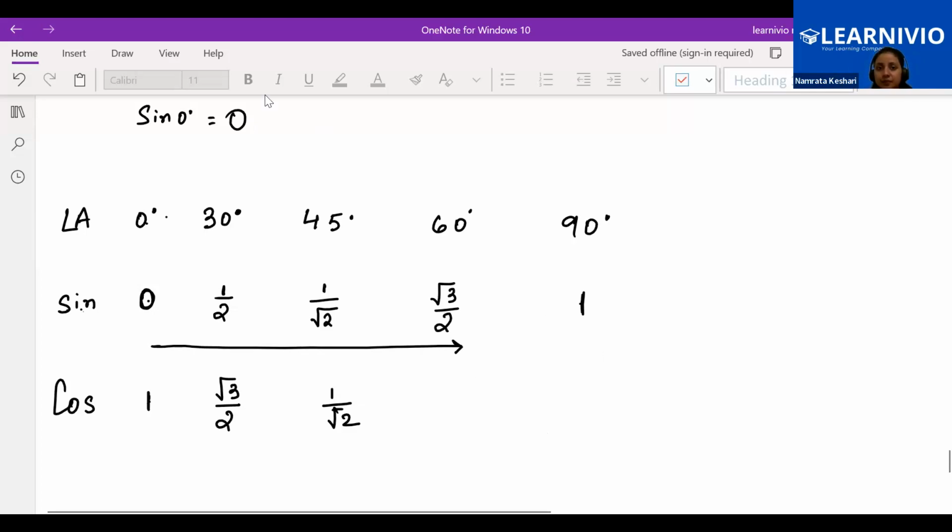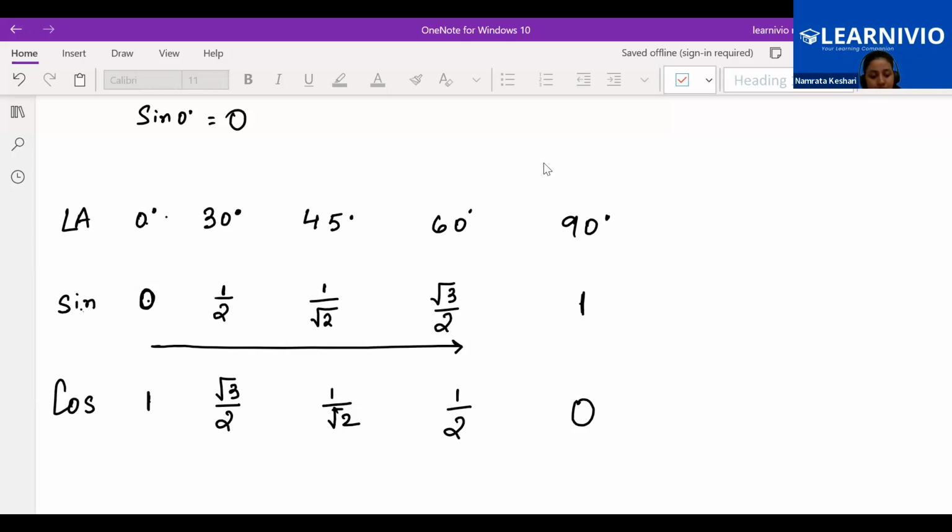Exactly, it will be 1 by 2. And cos 90 degrees is 0. If you learn sine properly, then reverse it. I would suggest you to learn everything, but try to understand the pattern, and that will help you memorize it for the long term.